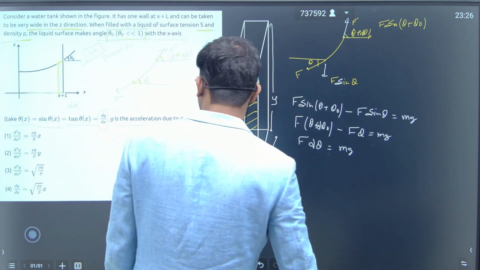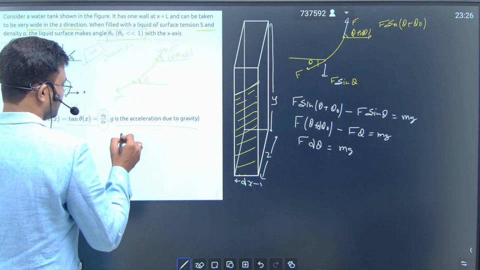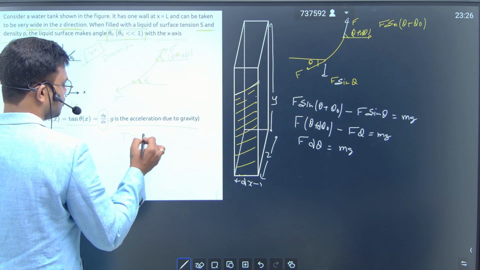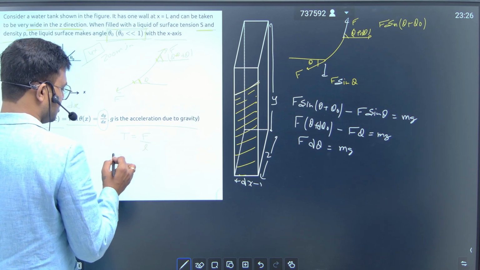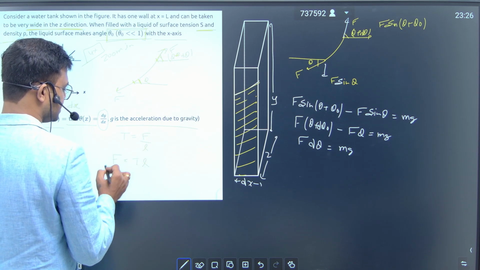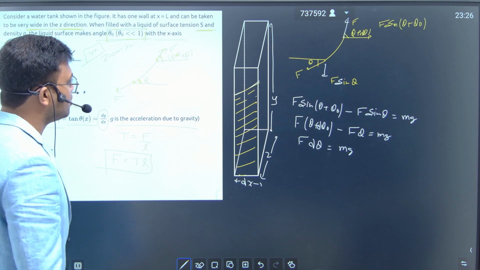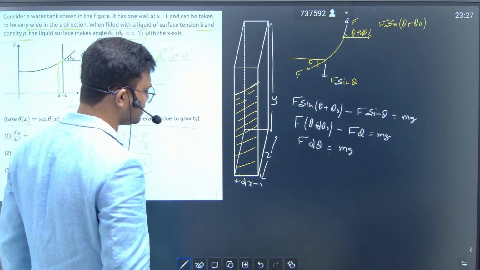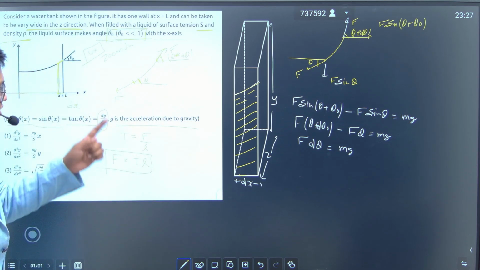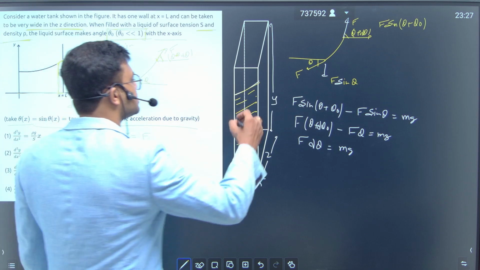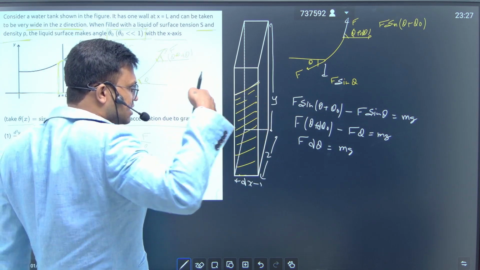Now, surface tension T is equal to F upon L, so force is equal to surface tension times L. Which length should we consider: dx, y, or z? Obviously surface tension is acting in the z direction.